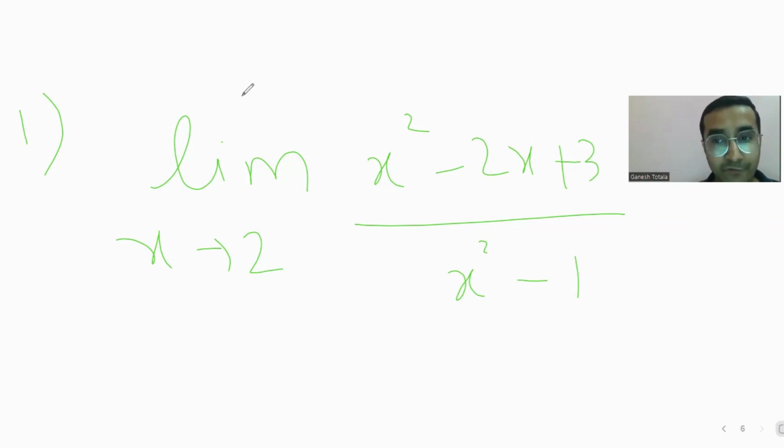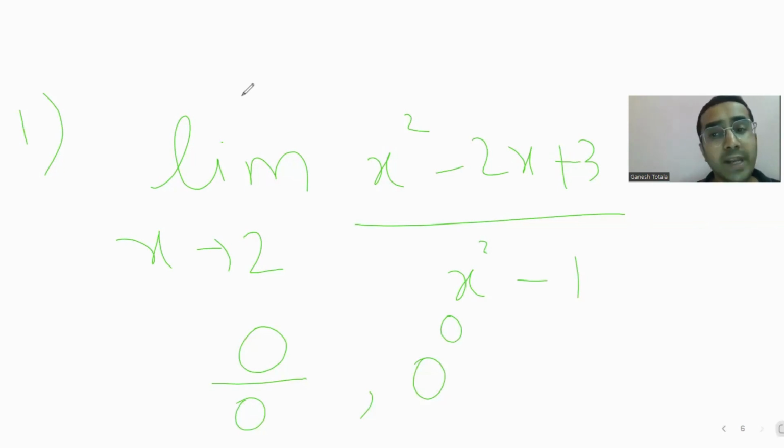So, any function of the form either 0 by 0 or 0 raised to 0 is called as an indeterminate form. Indeterminate means it is something that we cannot find. The value of that we cannot find it, hence it's called as indeterminate.